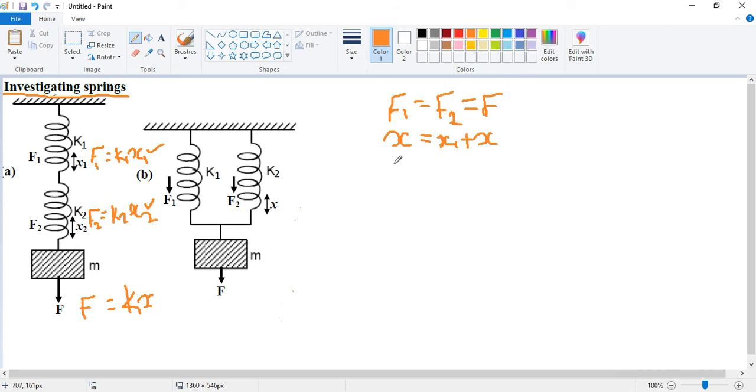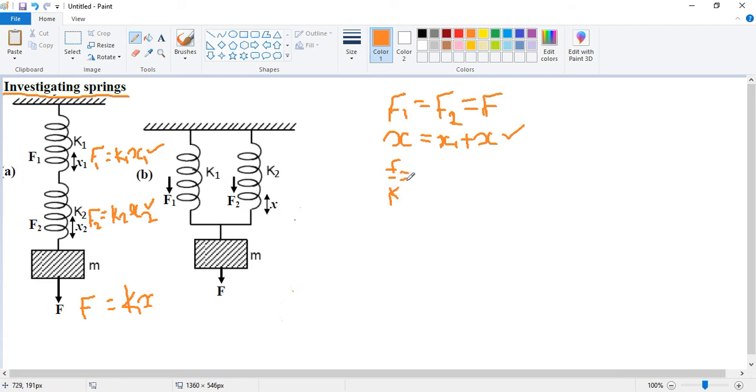So making X the subject and substituting into these equations, this will be F over K.